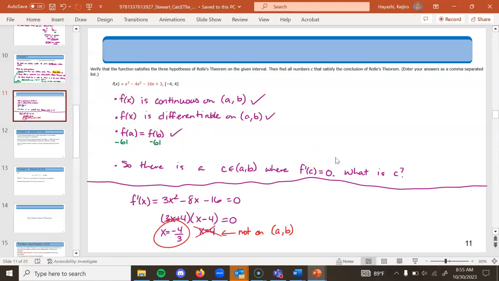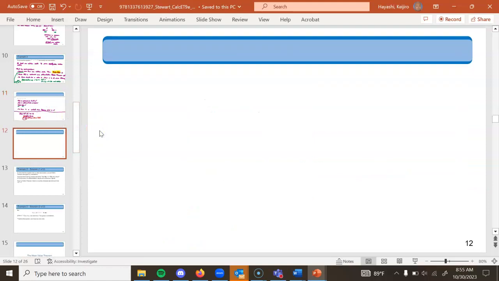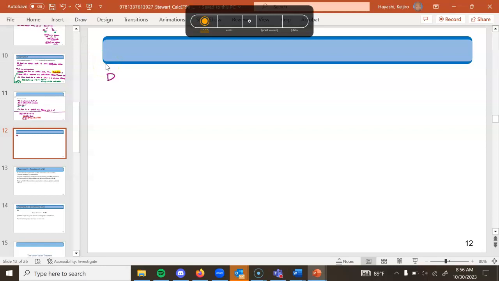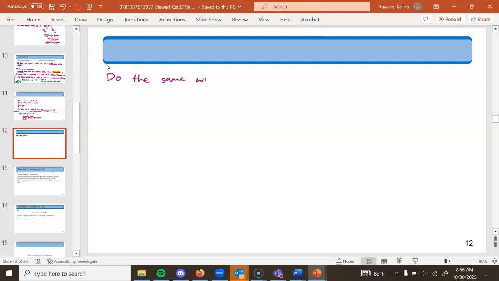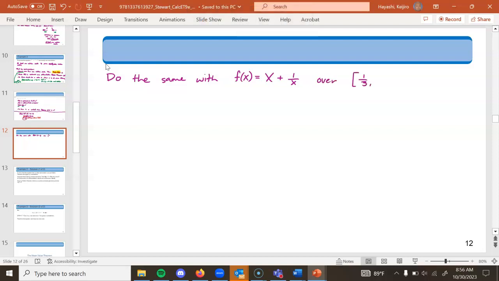Okay, now we're going to do this with a different function. We're going to do the same with the function x plus 1 over x over 1/3 comma 3.